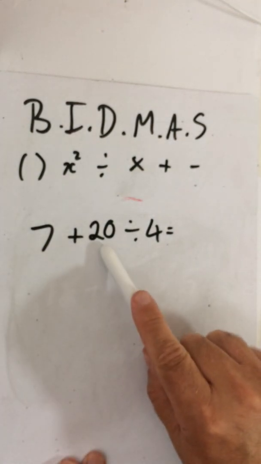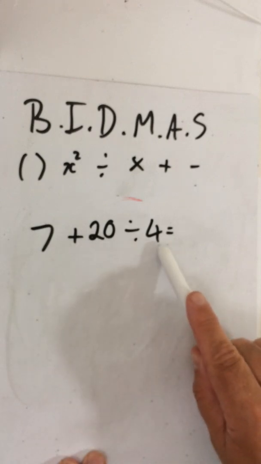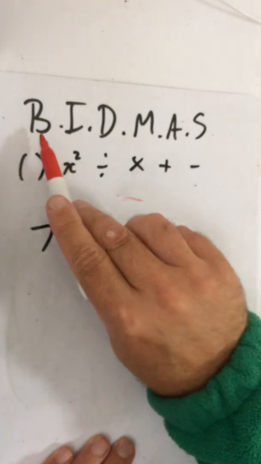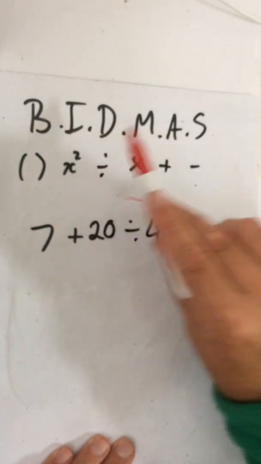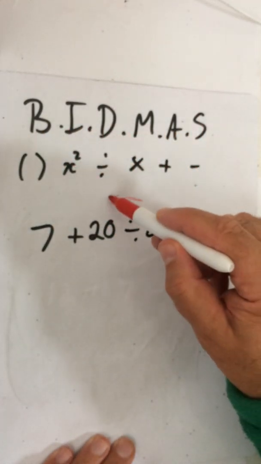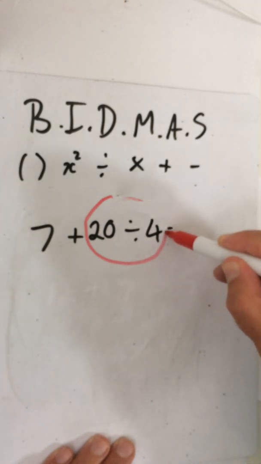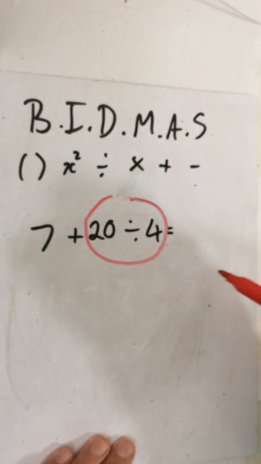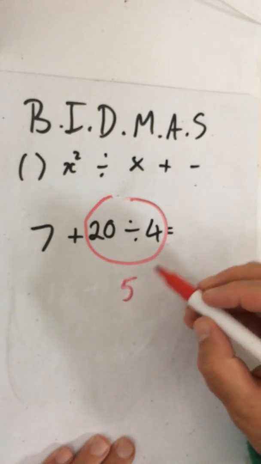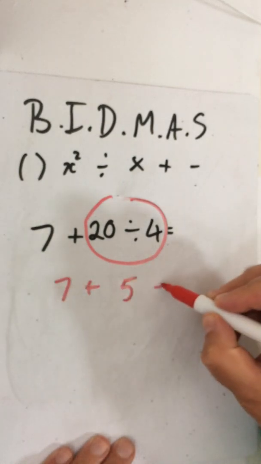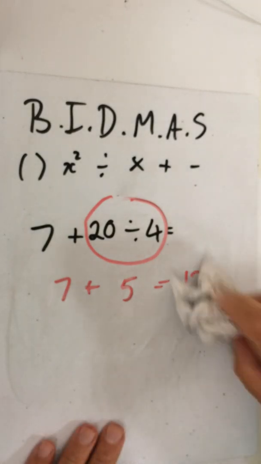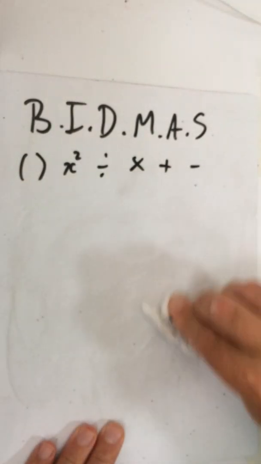Are we going to do the 7 plus 20 first, or the 20 divided by 4 first? BIDMAS tells us that in the word BIDMAS, divide comes before add. So we have to do this dividing first. 20 divided by 4, how many 4s are in 20? 5. 7 plus 5 equals 12. Okay, BIDMAS.